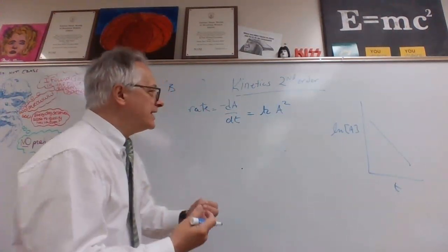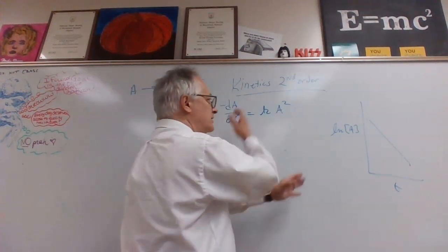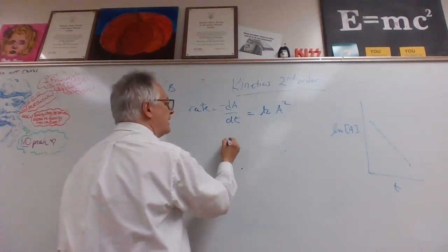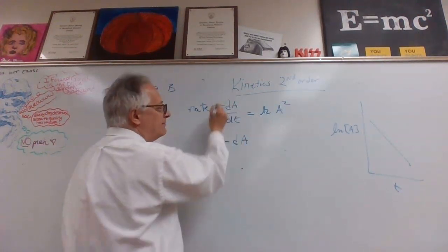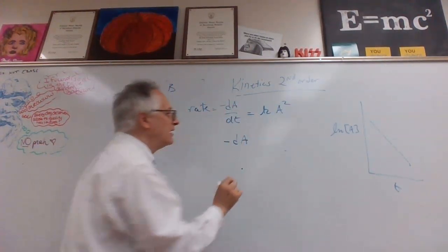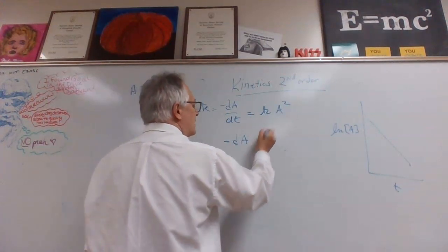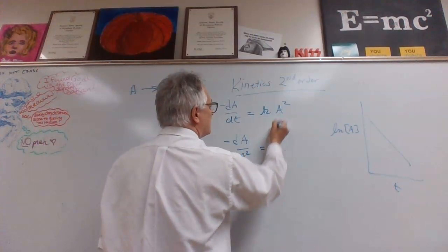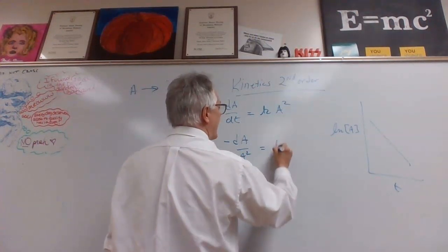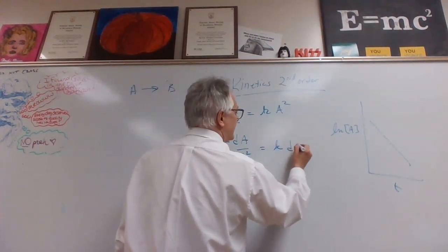Now, if we take this and we once again separate our variables, I can say, well, negative dA, that infinitesimal change of A concentration, divided by A squared is going to be equal to k dt.